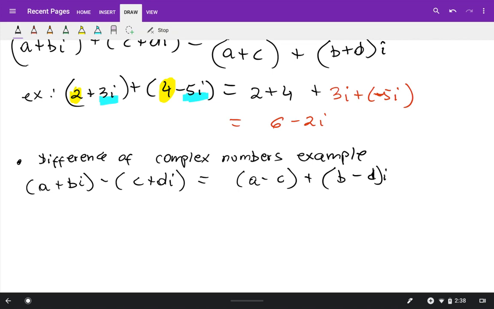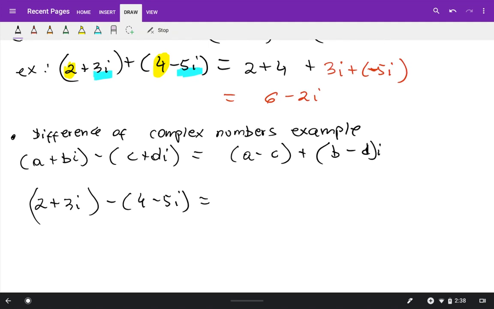Okay, so for example, we have 2 plus 3i minus 4 minus 5i. I recommend distributing that minus because that's where students mess up. So copy 2 plus 3i, negative 1 times 4 will give you negative 4, because of course when you see a negative, we know it's negative 1.